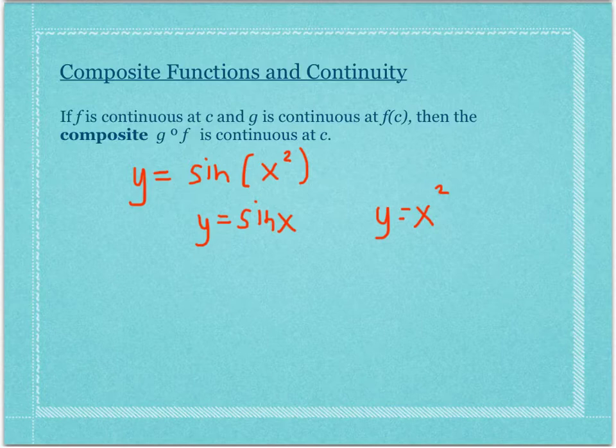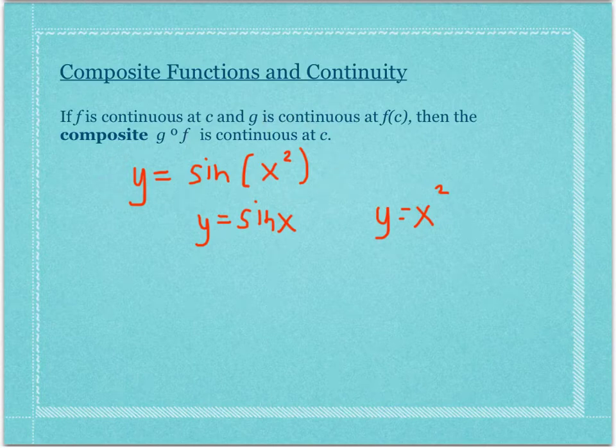It'd be like f of g of x or g of f of x to get to this original function we were given. So the idea is because the sine of x is continuous, because x squared is continuous, when I do the composite of both those things, it's also considered to be continuous. So this combo platter of composites right here is considered to be a continuous function.